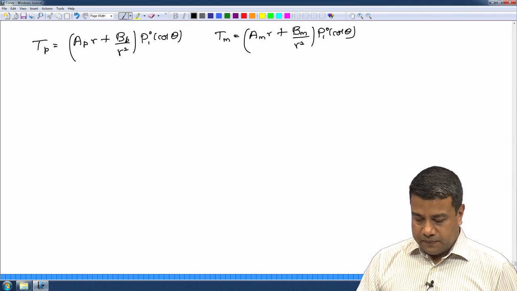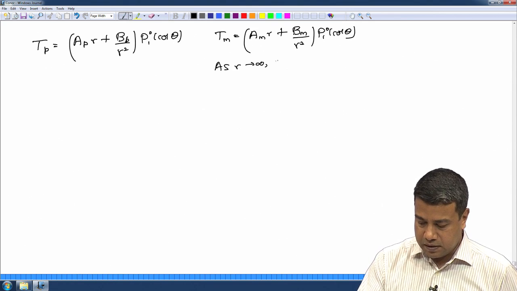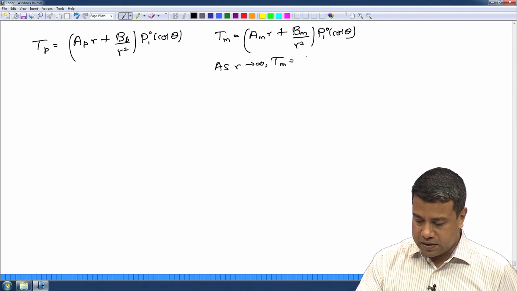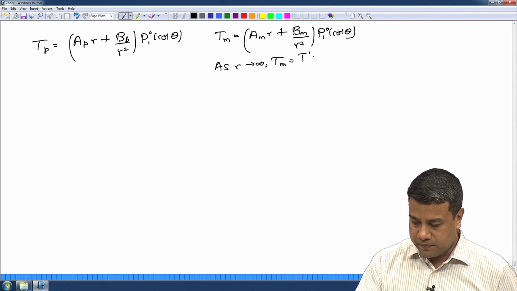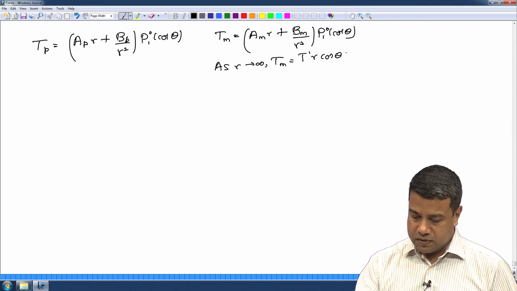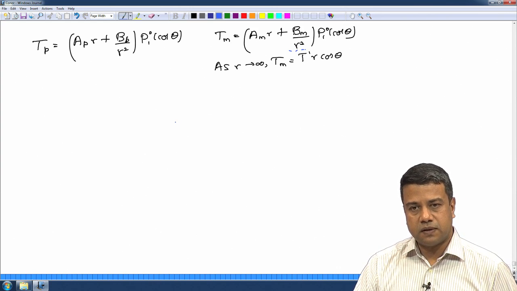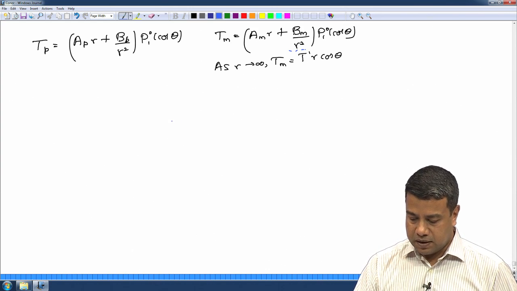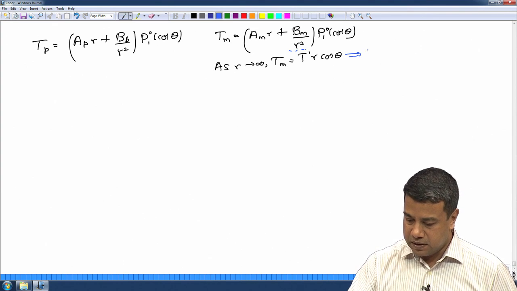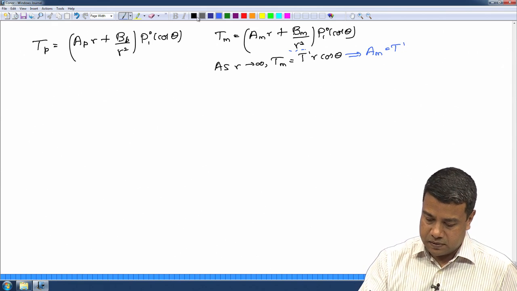Now, the boundary condition: as r goes to infinity, the temperature in the matrix is equal to T prime r cos theta. As r goes to infinity, you can see that this term goes to 0, since 1 over r square goes to 0, and what that would imply is that A m is just equal to T prime. That satisfies the boundary condition as r goes to infinity.